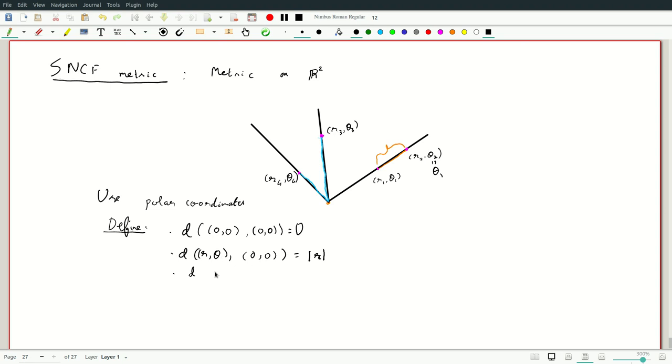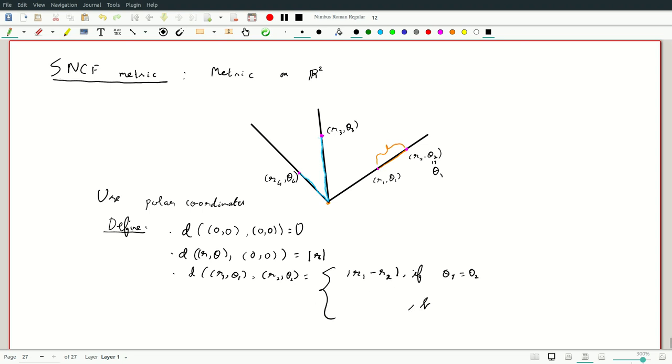Okay. So now, with the origin out of the way, the main point is if I take r theta and r prime theta, that is, we are in the same direction, or rather, let me write r1 theta 1 and r2 theta 2 and split it into cases, equals, as I said, if theta 1 equals theta 2, you are in the same direction from the origin, so then it's just mod of r1 minus r2.